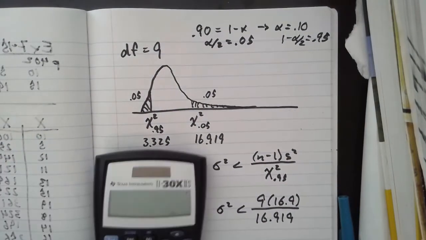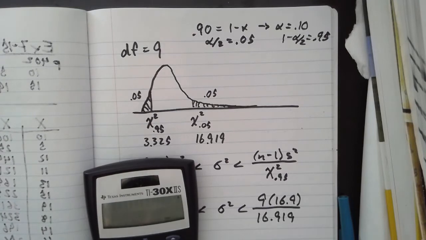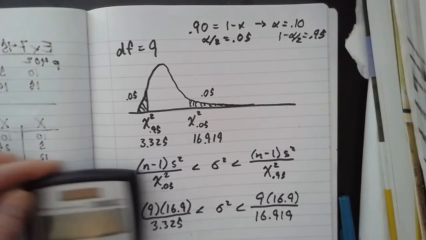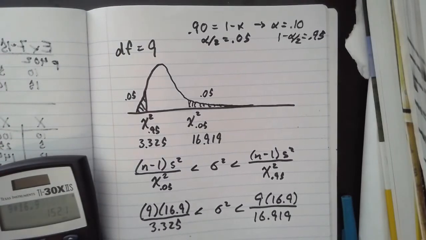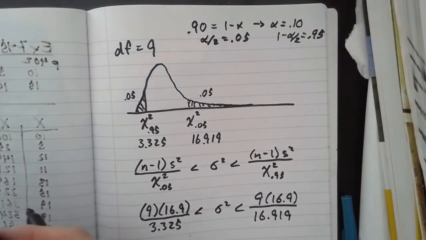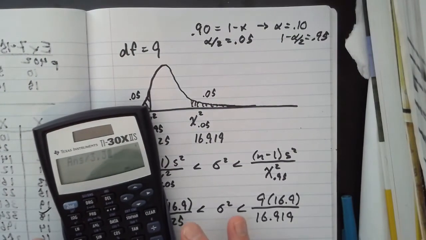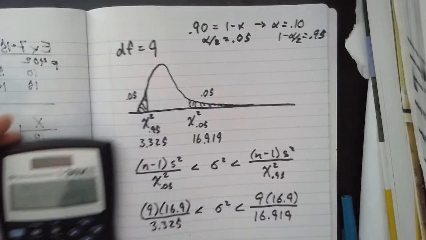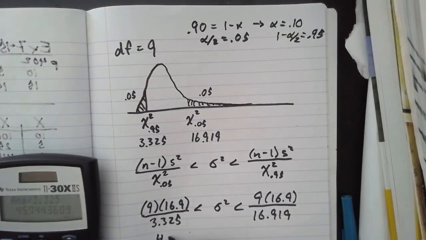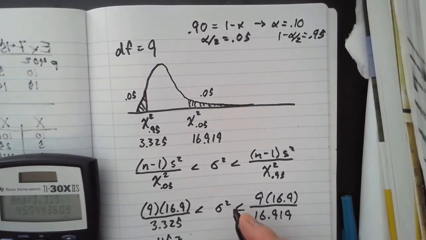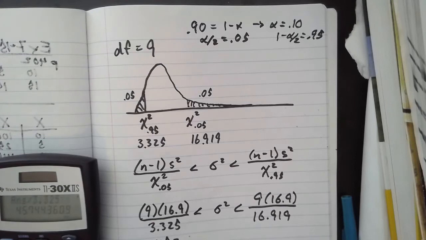So those ones we go ahead and plug in. 9 times 16.9 equals 152.1, divided by 3.325 equals, on this side, 45.7. We'll call it 45.7.